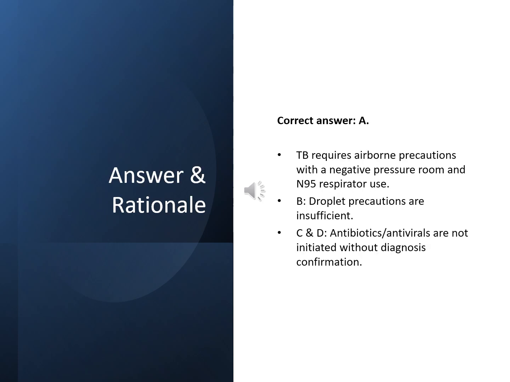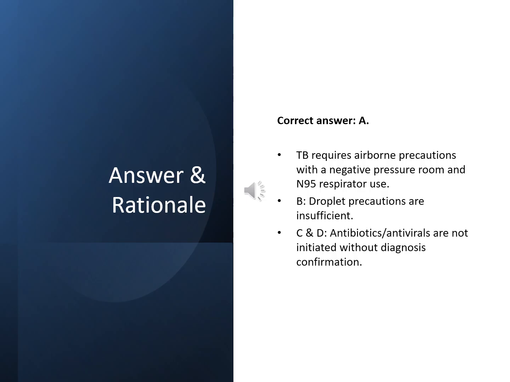Okay, the correct answer for this question is A. Anytime somebody has a suspected disease process that requires isolation, you want to put them in isolation first, and then you can provide any treatment that's necessary. With TB, airborne precautions are required: a negative pressure room and use of an N95 respirator.